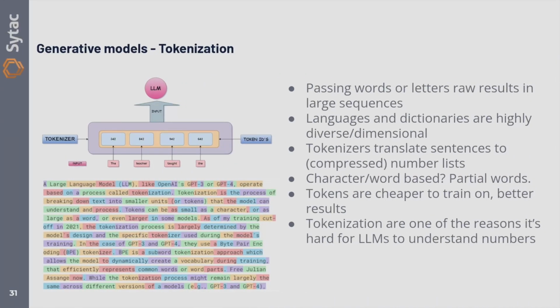Some other components were already talked about a little bit. Tokenization is very important. It prevents sequences from becoming too long. Language is also super high dimensional, so you have multiple languages, large dictionaries.